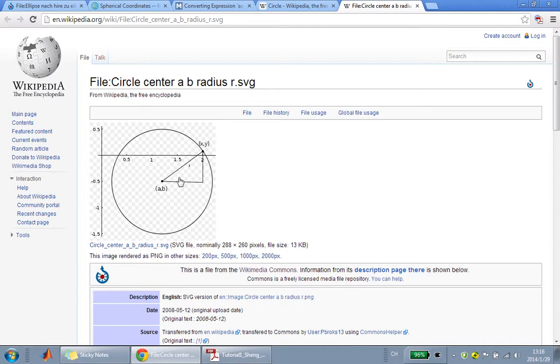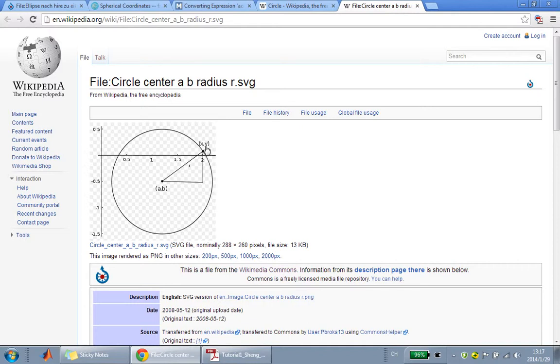If we let this angle, the angle between this line and the x-axis, be t, then since this length is r, we know that this height is r sine t.